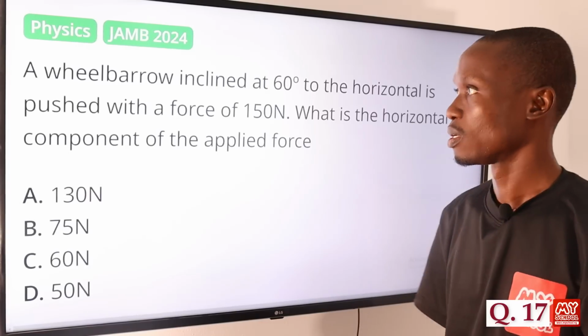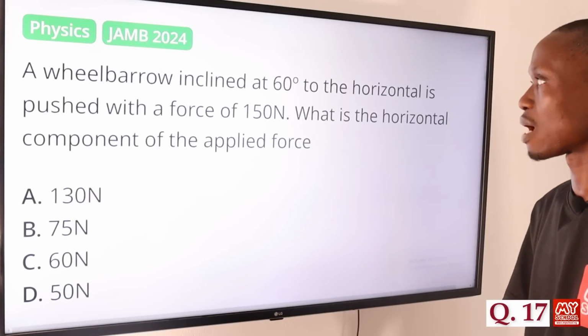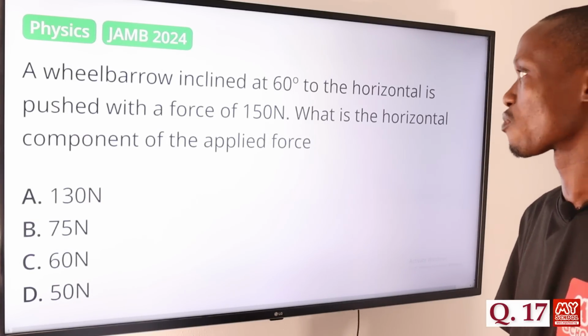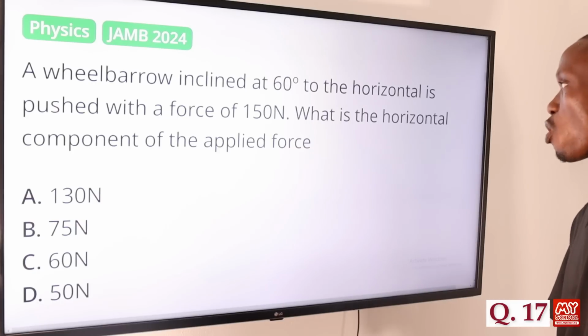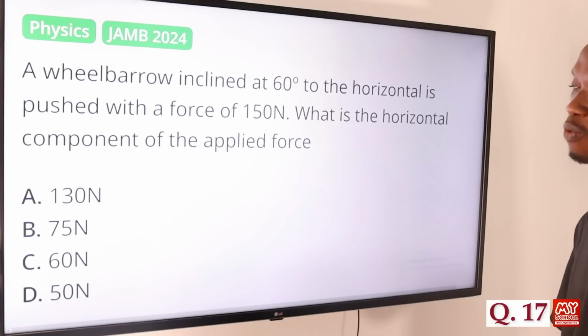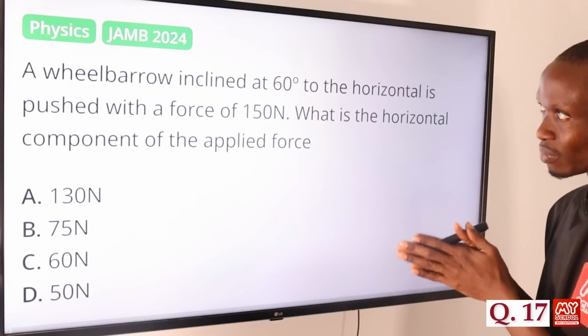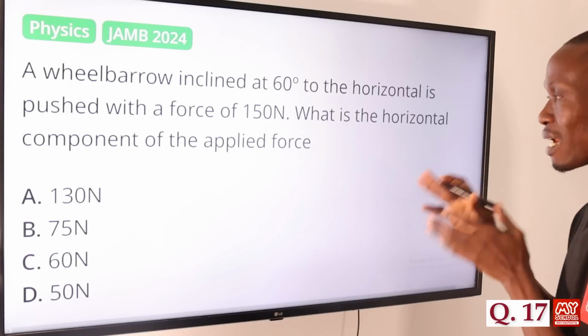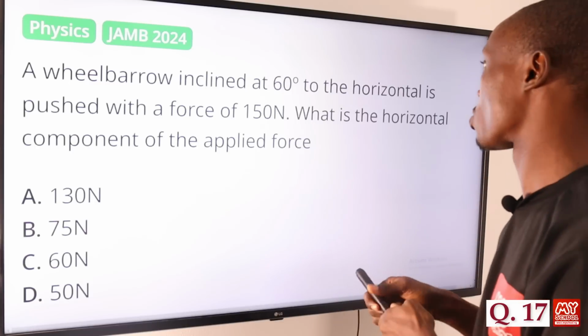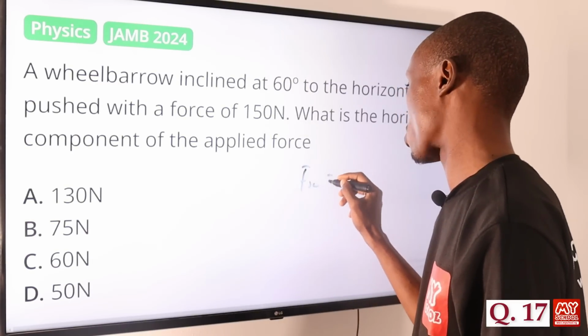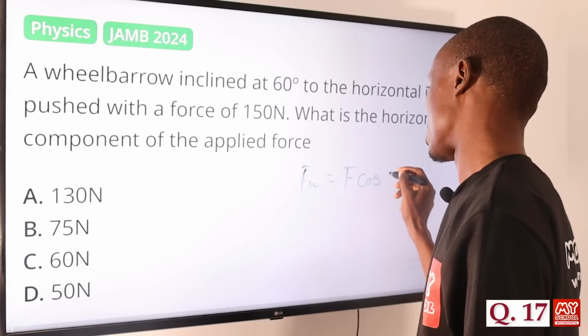Question 17. A wheelbarrow inclined at 60 degrees to the horizontal is pushed with a force of 150 Newton. What is the horizontal component of the applied force? Since the wheelbarrow is inclined to the horizontal, to get the horizontal component of the force, we use Fx equals F cos theta.